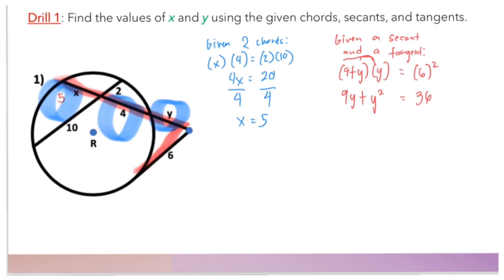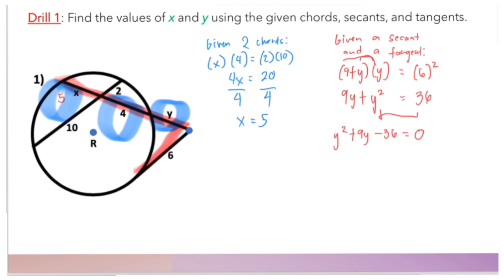So what we have to do here is maximize the use of quadratic equations. Let's transpose 36 to the other side and rearrange it. We're going to have y squared plus 9y minus 36 equal to 0. We have to find the roots of this quadratic equation in order to get the values of y.